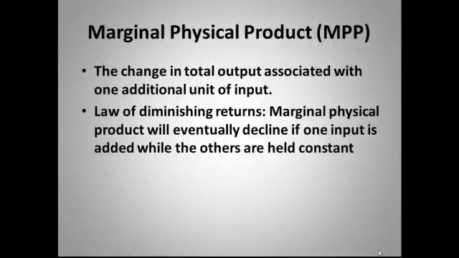So, as you probably already realize, you need to understand both the concept of marginal physical product, what that means, and the law of diminishing returns. Keep in mind the difference, again, between diminishing marginal physical product and one that actually turns marginal physical product negative.